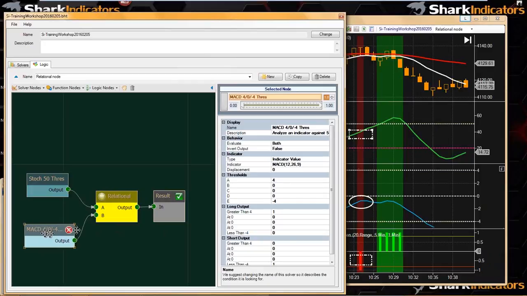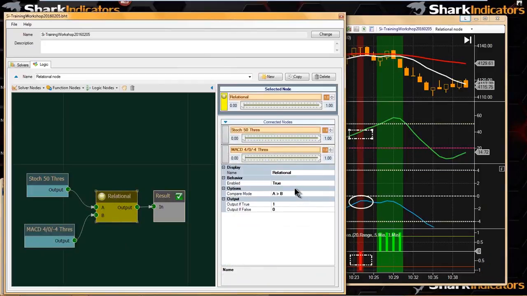That is how the relational node works. You have all of these conditions that you can check to see if they're true or false. In a nutshell, that's how the relational node works.